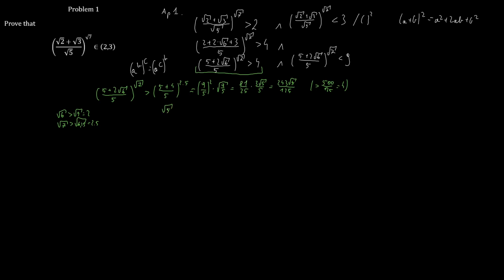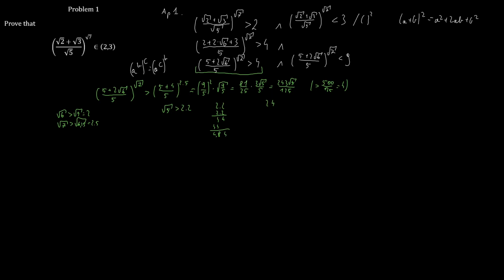We know that square root of 5 is more than 2.2, because 2.2 times 2.2 is not 4. 2.2 times 2.2 is 22 times 22, so it is 484. So square root of 5 is more than 2.2.